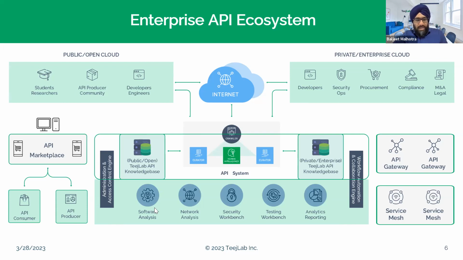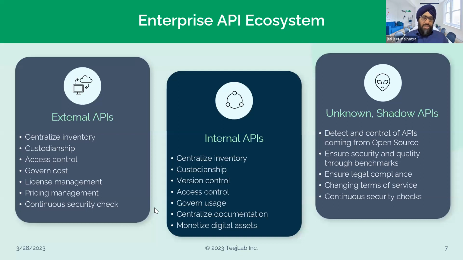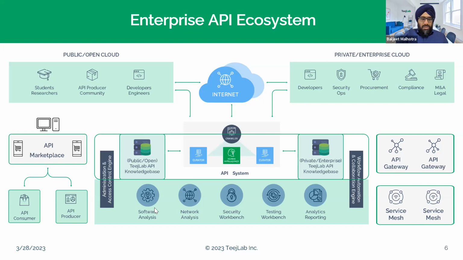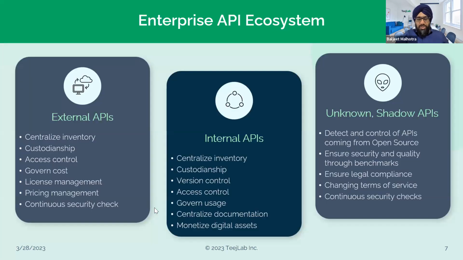Risk is all about prioritization. You have problems, you've got to manage them. And part of the challenge is that the nomenclature of the API itself in this ecosystem is quite complex. Companies are trying to figure out what's internal, what's external, and on top of that, there are certain APIs that you don't even know about.